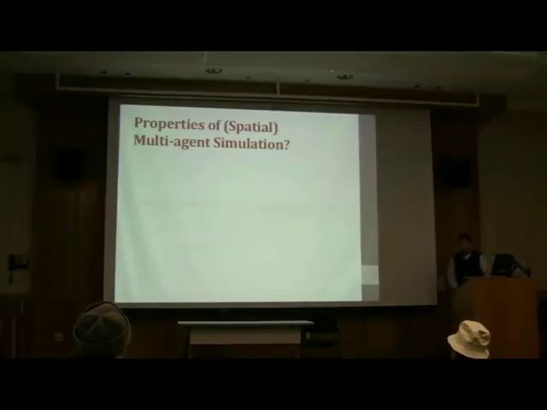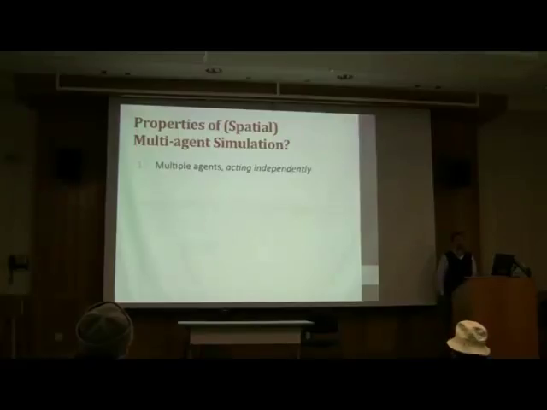So we can look at this now not just in terms of agents, but what is multi-agent simulation? Well, multi-agent simulation is simply multiple agents acting independently. Independently means there's no global or universal control. I can use global knowledge to understand the system. For example, if I'm running an experiment, I as the programmer can make use of any global information I want to evaluate the system.